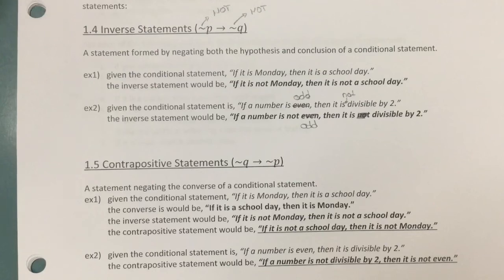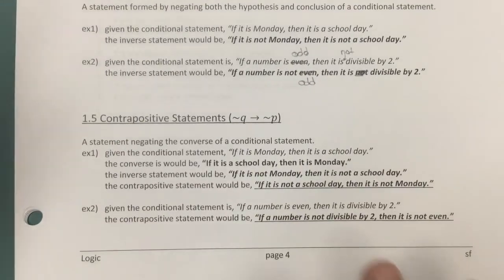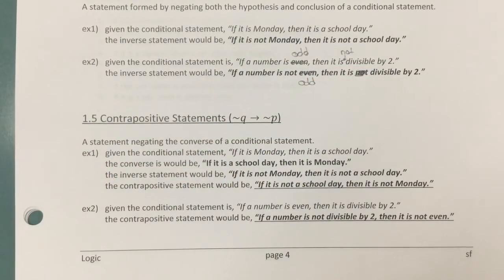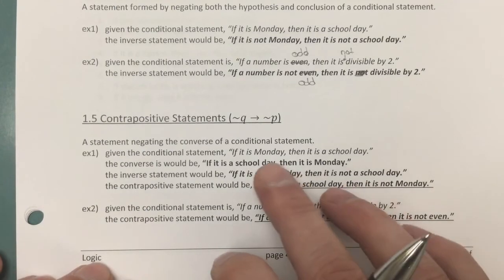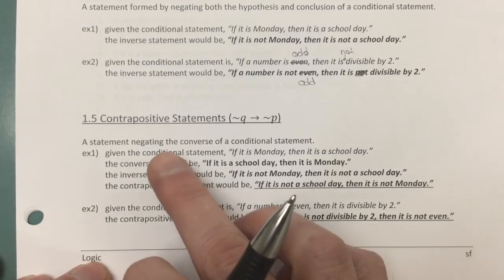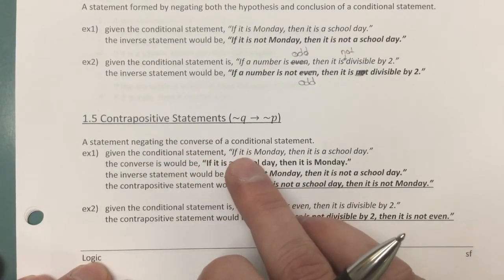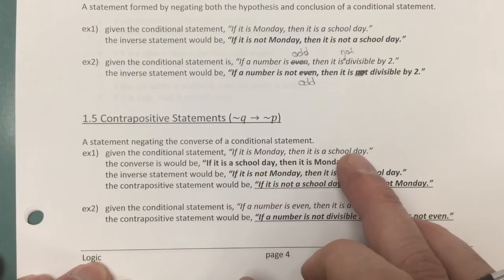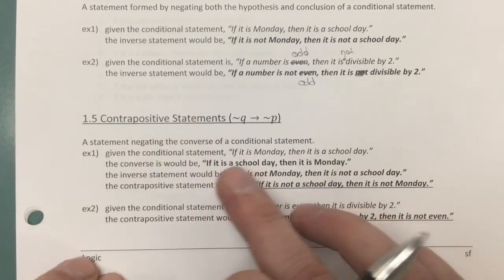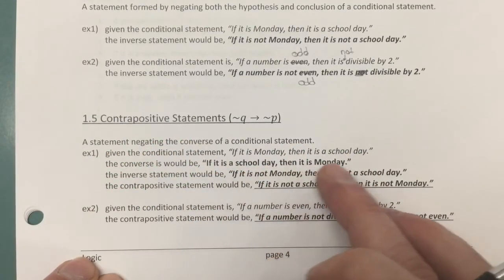And then we have the contrapositive statement, and the contrapositive statement reverses the hypothesis and the conclusion from the conditional statement, and it makes them both negative. It negates both of them. So if the conditional statement is, if it is Monday, then it is a school day, the converse would flip those two around, and it would say, if it is a school day, then it is Monday.